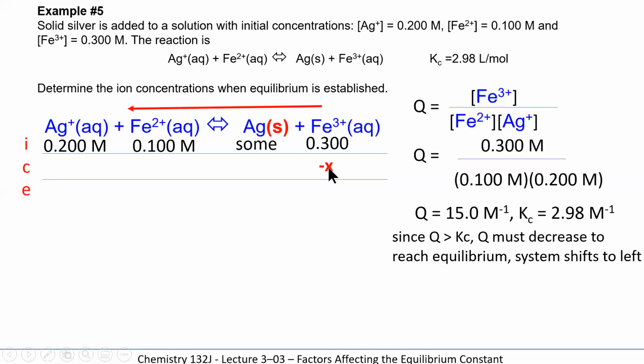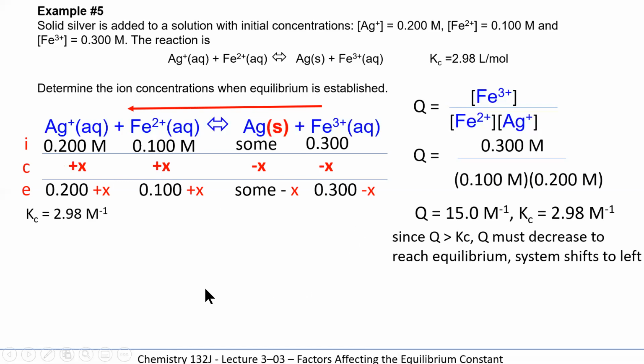We know that the ferric ion has to go down by X. Silver is going to go down by X. The ferrous ion is going to go up by X, and the silver is going to go up by X. So that at equilibrium, we now have established the various quantities related to X.